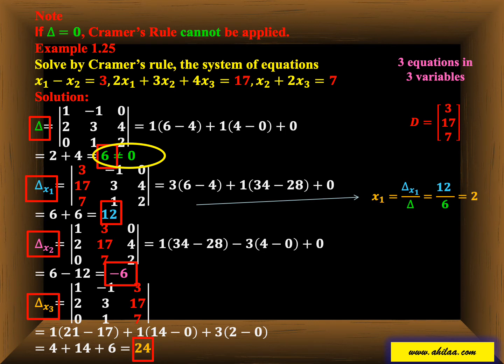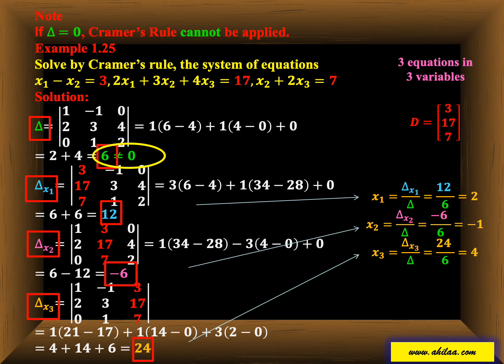Similarly, get the other variables' values using delta x2 and delta. We find x2 as delta x2 by delta, which is minus 6 by 6 equal to minus 1. So x2 equal to minus 1. Similarly, from delta x3 and delta values, we find x3 equal to delta x3 by delta, which is 24 by 6 equal to 4.